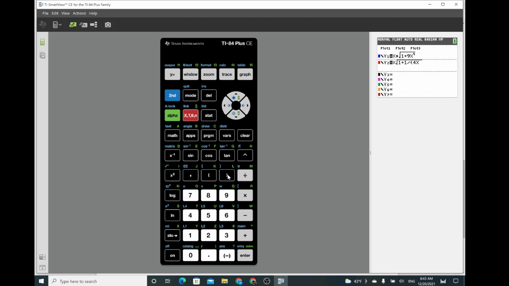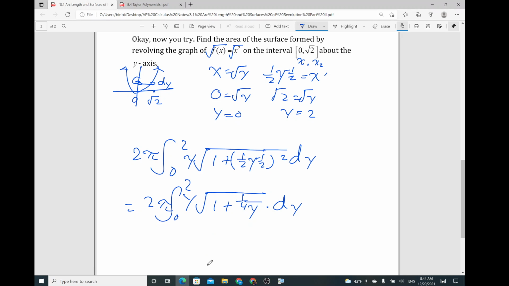Okay, like that. Making sure that we're setting up the integrand correctly. So checking the work right here. Again, we're using y as x, so x square root of 1 plus 1 over 4x. Okay, so integrate it.